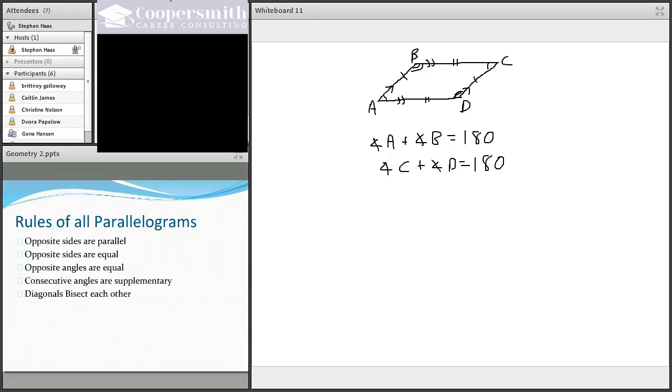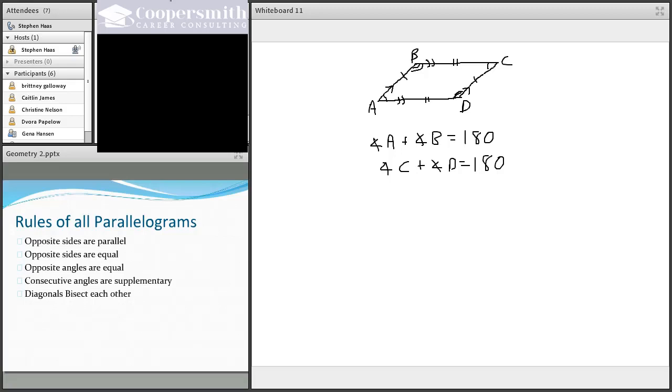They have to equal 360, right? Well, if the opposite ones have to be equal to each other, that means each half has to be half the total. So A plus B is 180, B plus C is 180, C plus D is 180, A plus D is 180. Any 2 consecutive angles are going to be supplementary, which means they have to add up to 180. And I know this is a lot to memorize, but hopefully the fact that it's logical and makes sense will help.